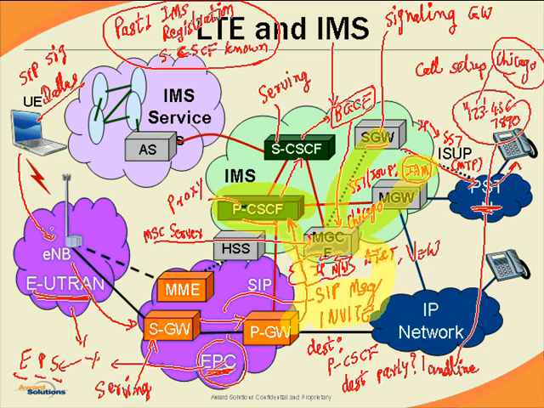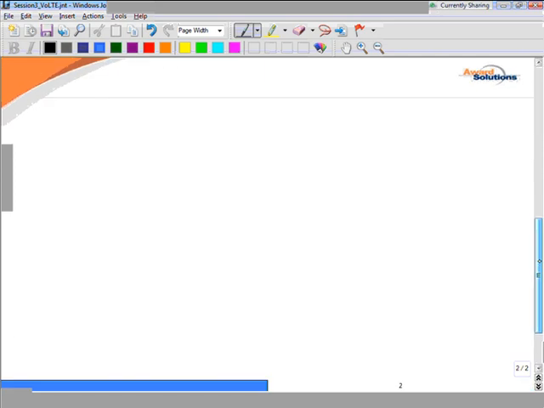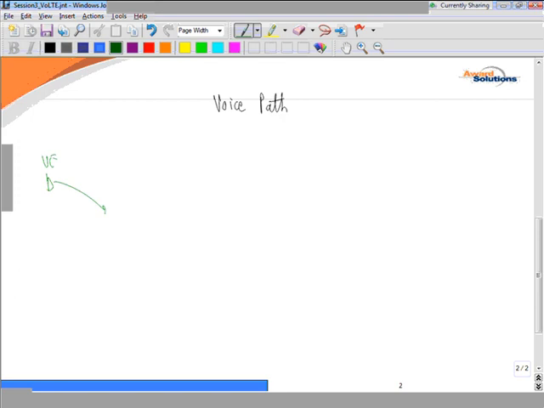This is already crowded. So it goes from the UE to the eNodeB, to the serving gateway, to the PGW. So this is all IP.